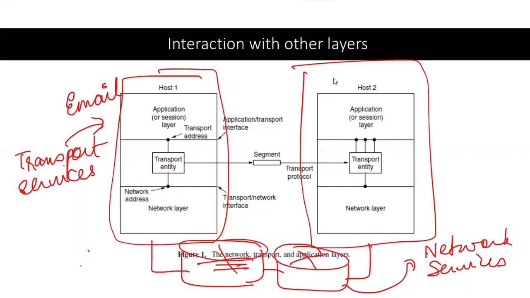Now what software is running in the routers, whether it is reliable, whether this software is stable or not, whether packets are lost or not, depends only on the network layer. Host 1 or host 2 has no control over it because they don't own the routers.